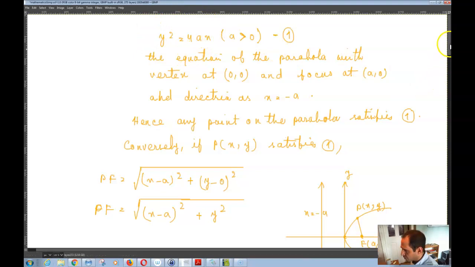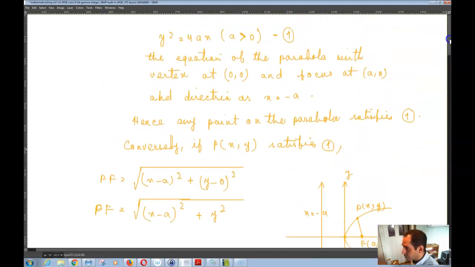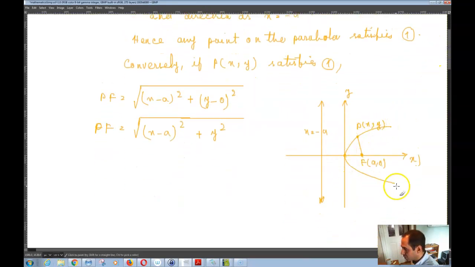Now the converse of that would be if this point P (x, y) satisfies this equation, it is going to be on that parabola that we talked about. Okay, so that's what we want to do.